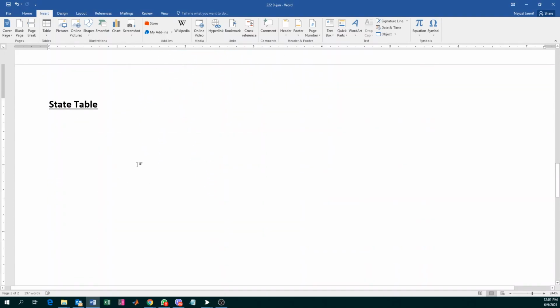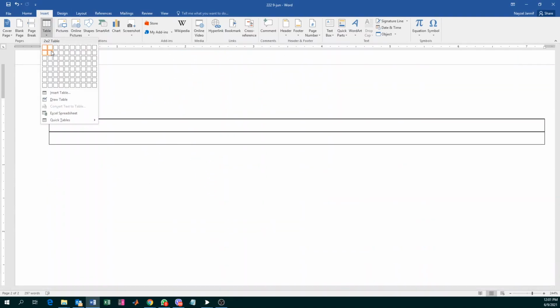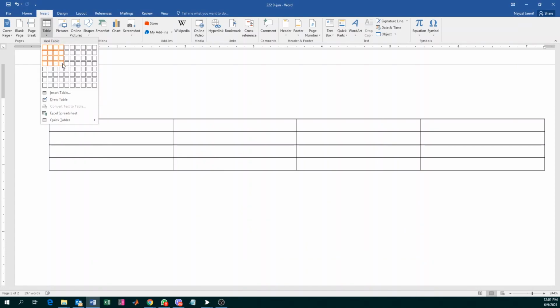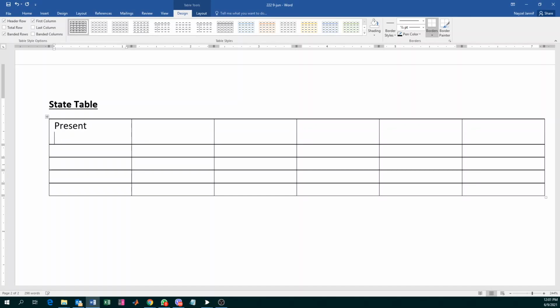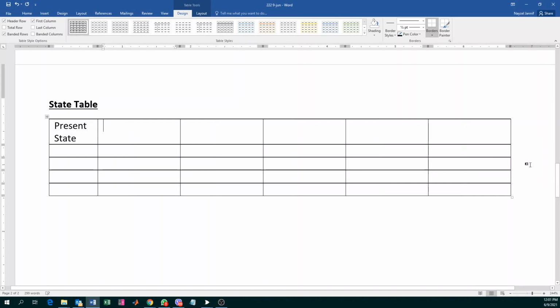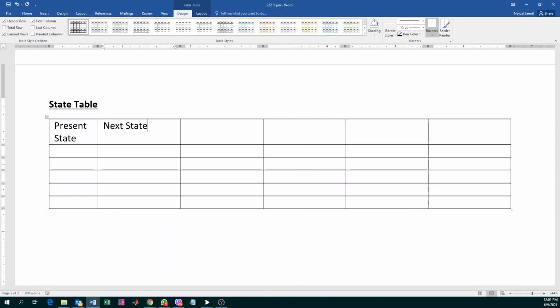Let's look at the state table. In the state table, this is going to be downhill from here for us. Not too much effort. So you have present state, you have next state, and you have output.